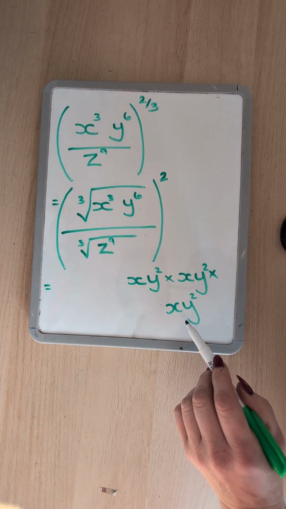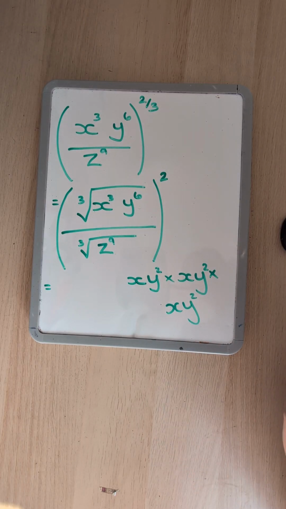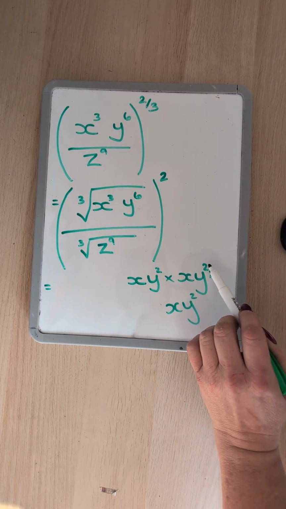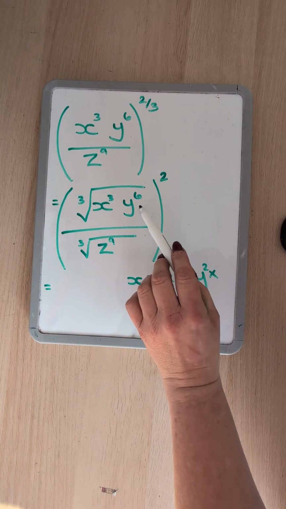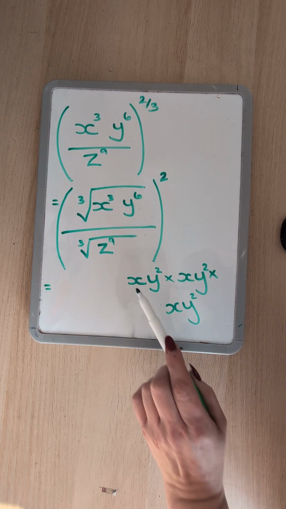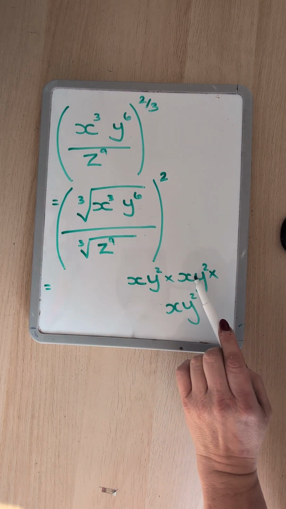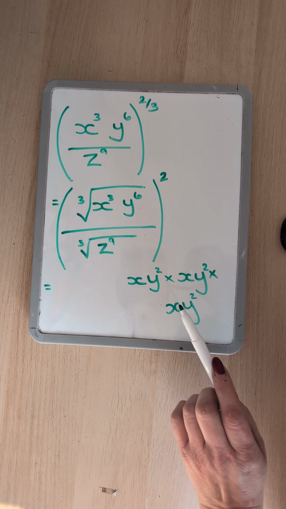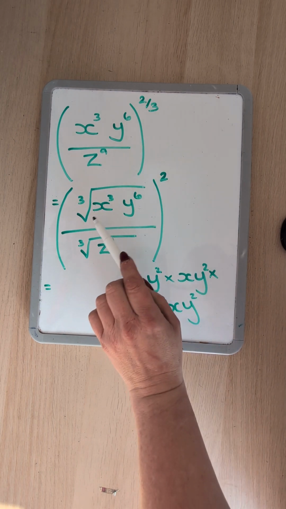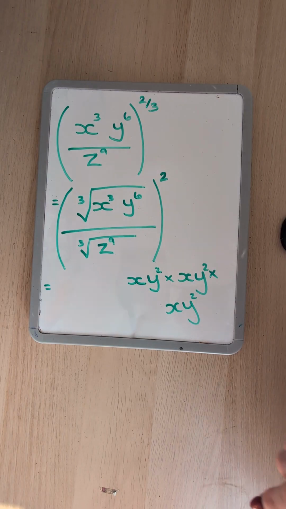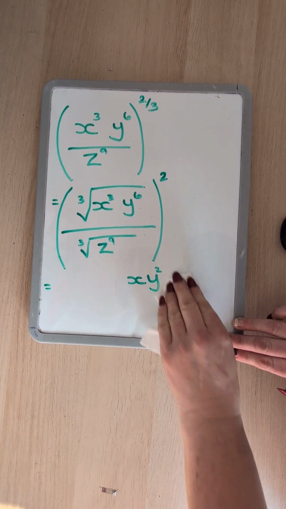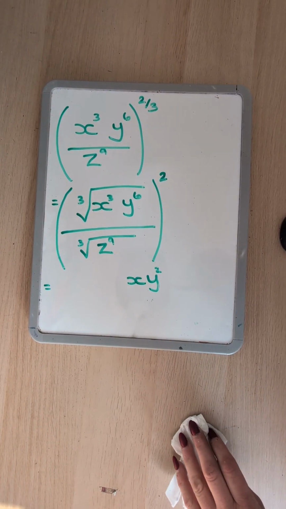Remember, when we multiply, we add the powers. So you've got 2 plus 2 plus 2 is 6. So that's y to the power 6. You've got an x to the power 1 times x to the power 1 times x to the power 1, which is x to the power of 3. So that is the cube root of your numerator there.